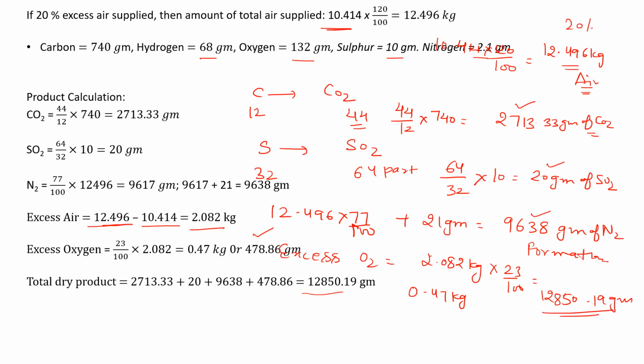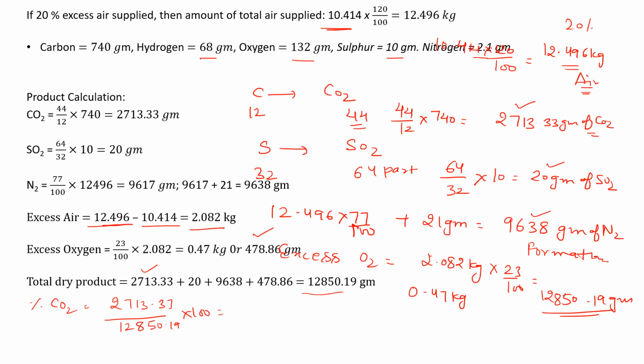Okay, so now we'll calculate the percentage of the product. Suppose we want to calculate for carbon dioxide, then the carbon dioxide generated is 2713.33 divided by total dry product into 100.